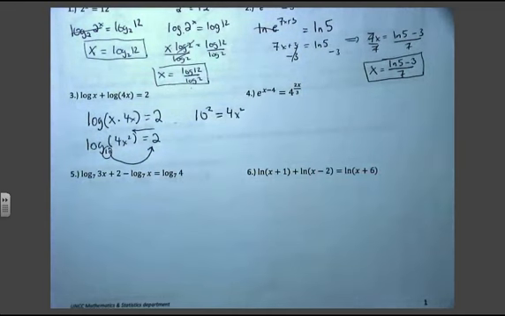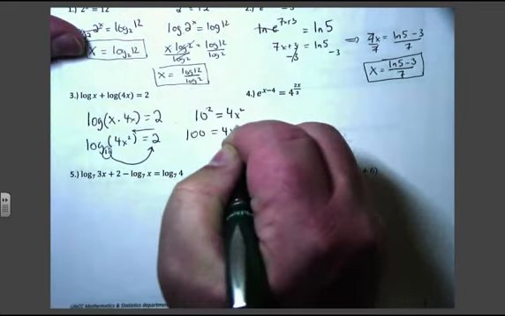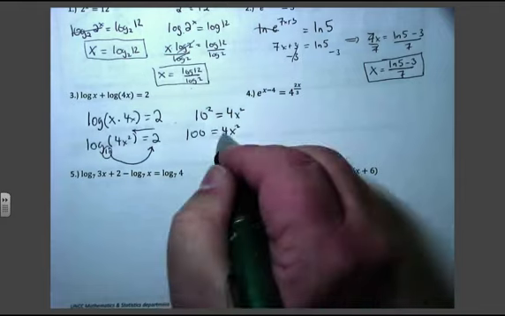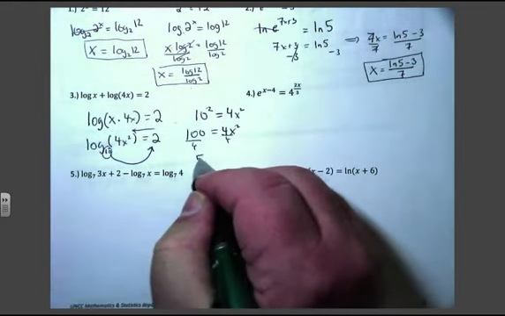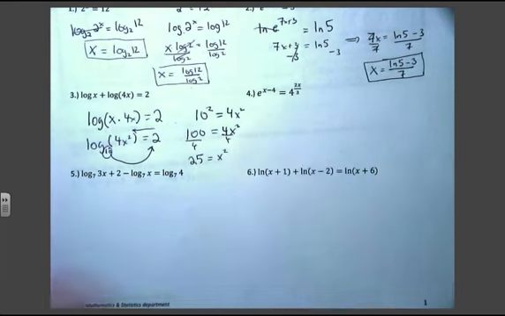What's 10 squared? 10 times 10? 100. So 100 equals 4x squared. Now, what are you going to do to solve for x? Divide by 4. What's 100 divided by 4? 25 equals x squared. Now, get the x by himself.